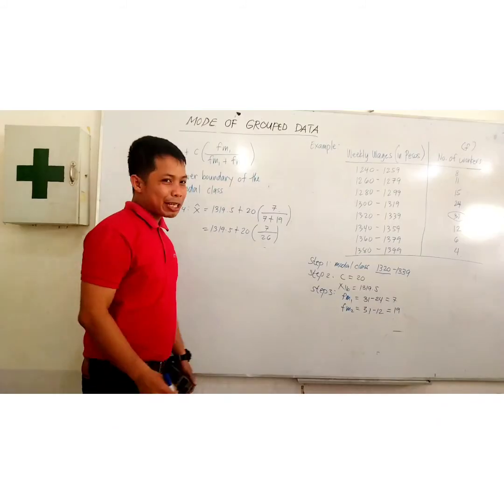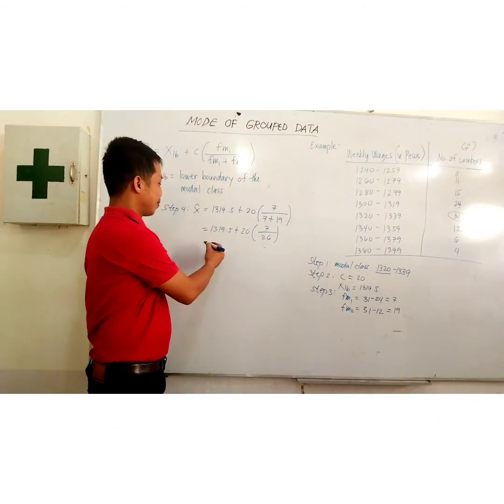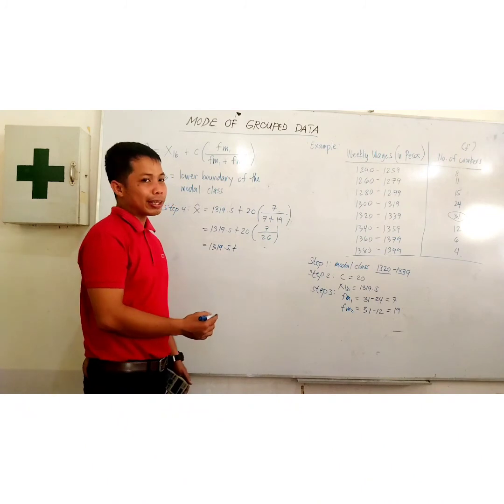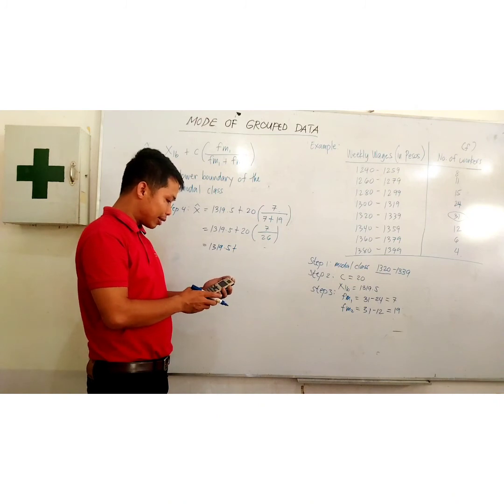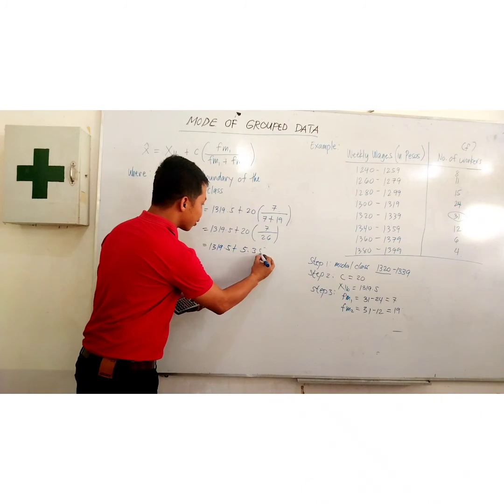So syempre, gagamit tayo ng calculator para mas madali yung pag-compute. So, 1319.5 plus, what is 20 times 7 over 26? 20 times 7 over 26 is 5.38.